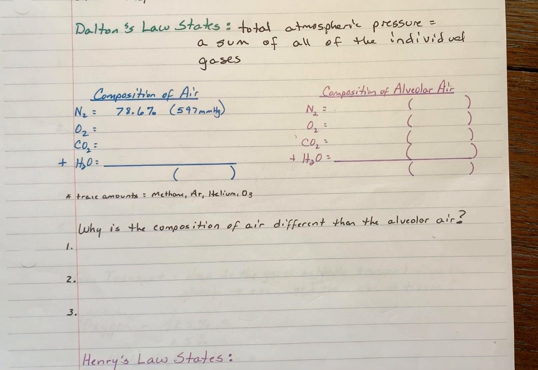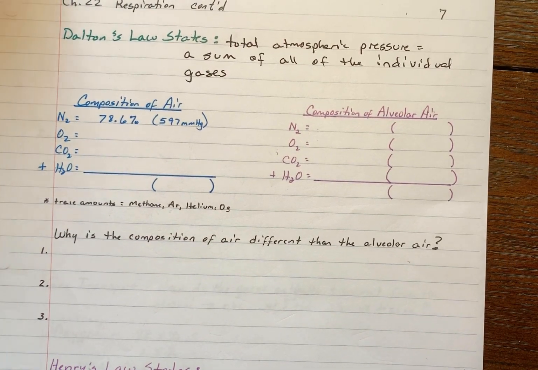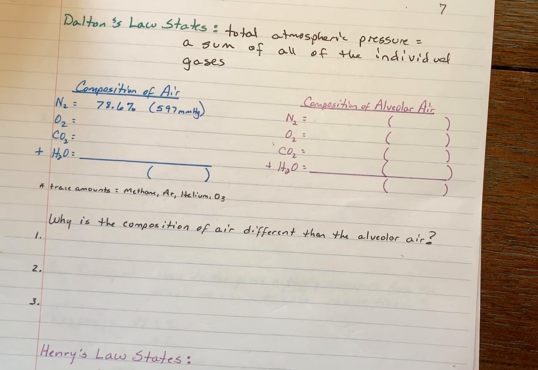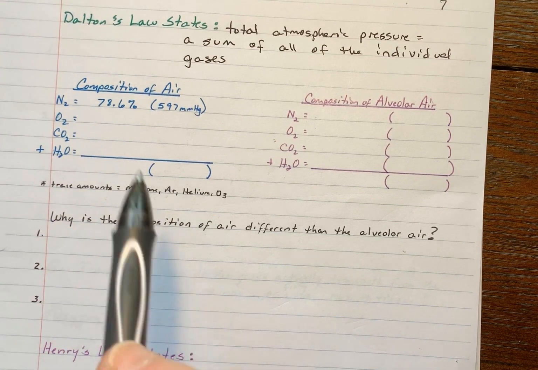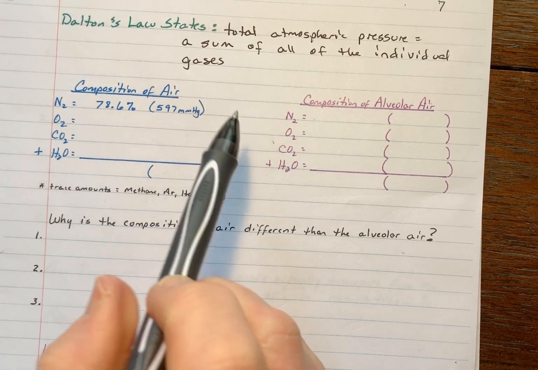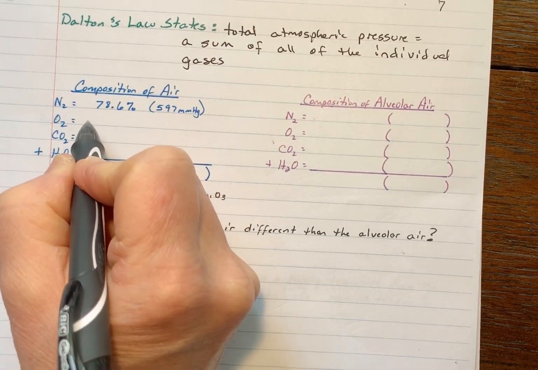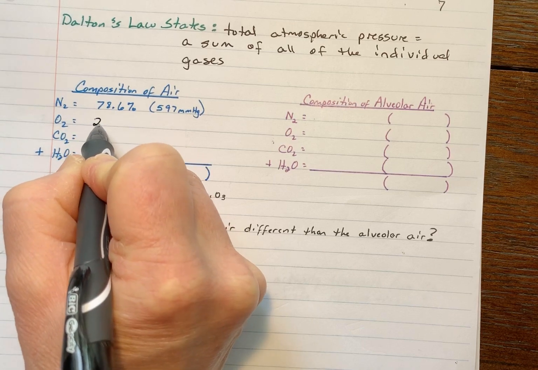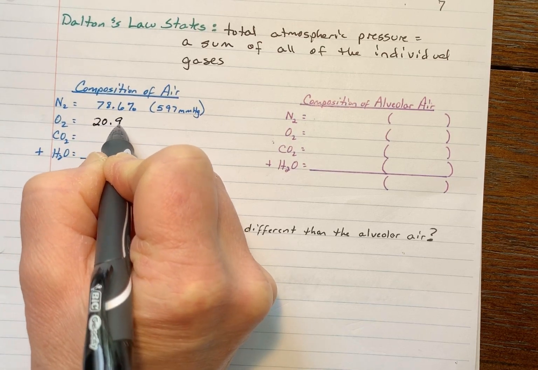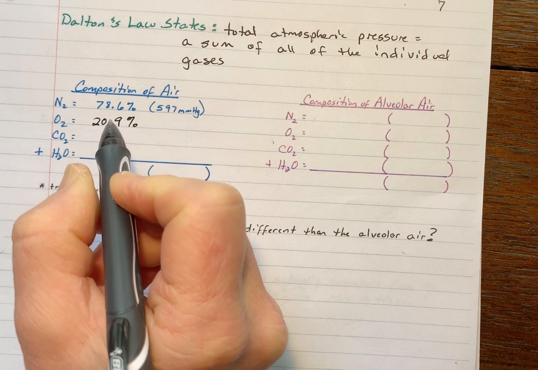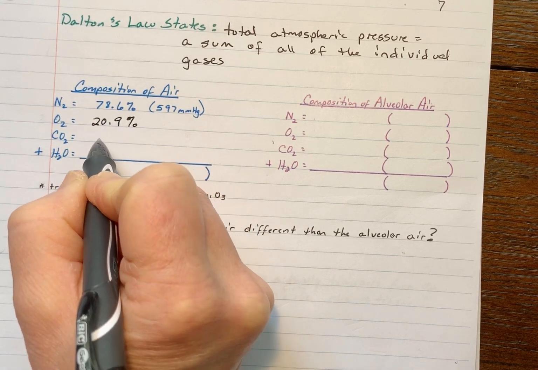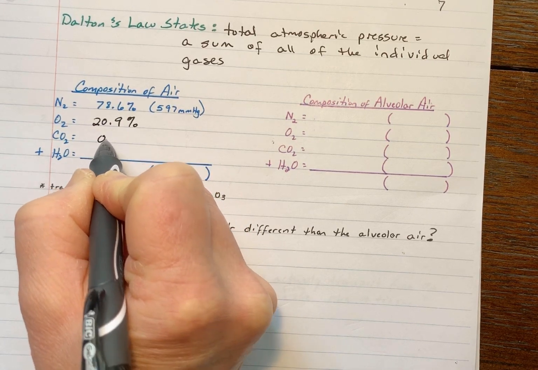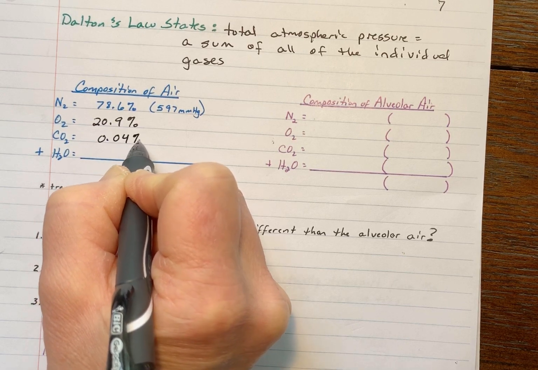nitrogen happens to be the most abundant gas in the atmosphere, 78.6%. The oxygen is next at 20.9%. Carbon dioxide is 0.04%.